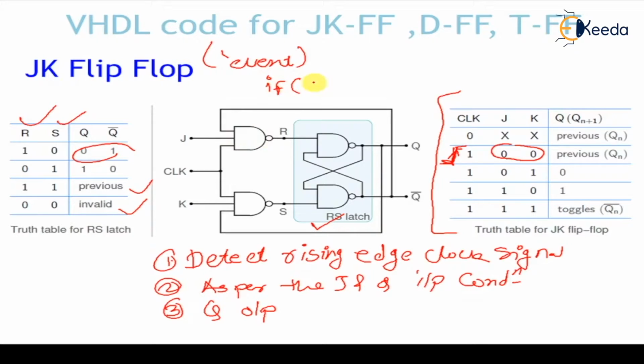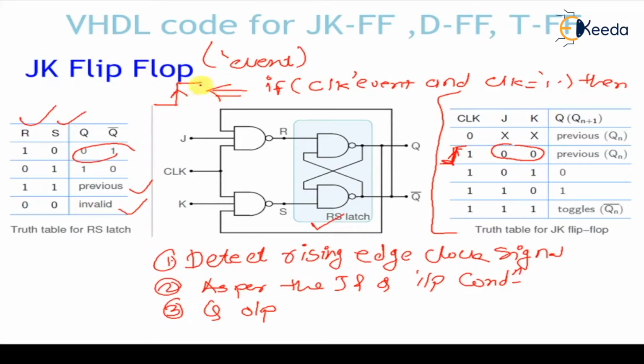If I am given a clock signal, I write the statement: if clock tick event and clock is equal to 1, then. This statement will detect the rising edge of the clock.